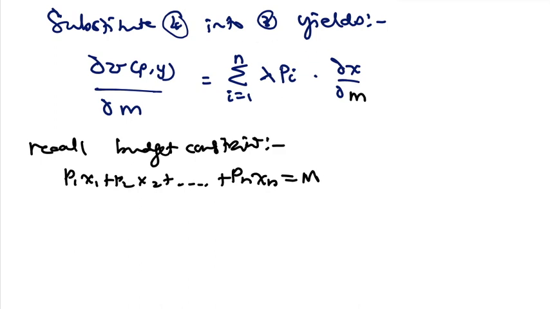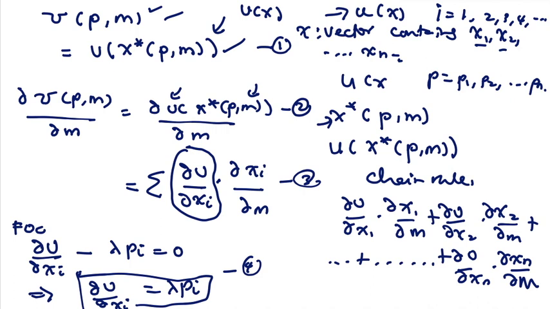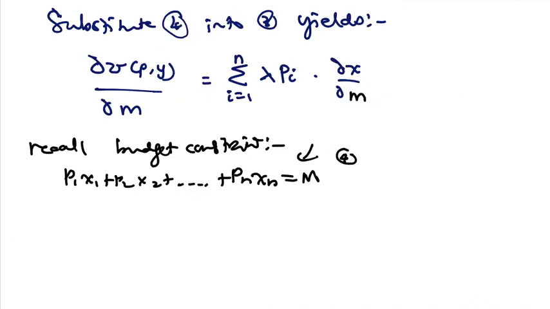Let's call this budget constraint equation 5. Why do we need to look at the change in goods x1, x2, x3 until xn when there's a change in income? Because it has something to do with this.